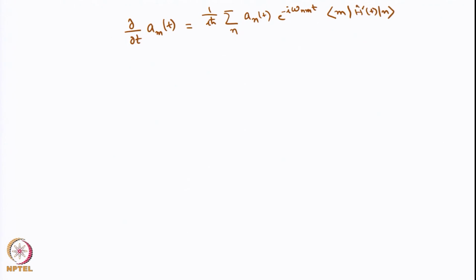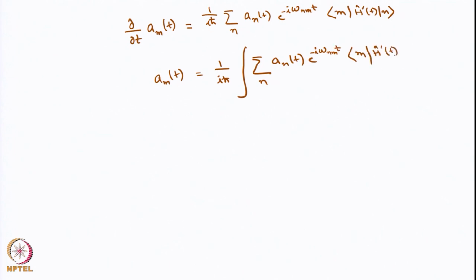Now, I just want to find out a_m(t). So, a_m(t) will be equal to 1 over iħ integral of sum over n a_n(t) e to the power of minus i ω_nm t ⟨m|H'(t)|n⟩ dt.